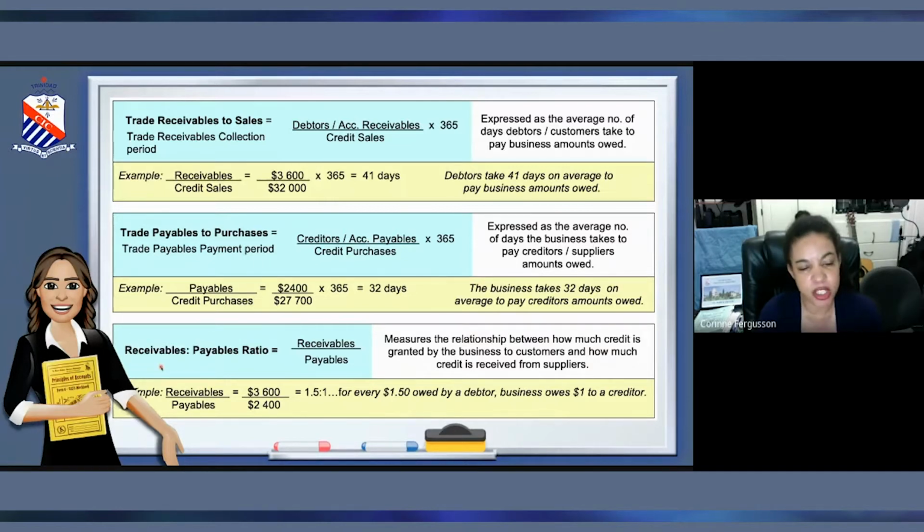And then the last one is a ratio that is not in the syllabus, but we will still bring it for your knowledge, to make you aware of it. It is where you're comparing your receivables to your payables: how much do we have to pay as opposed to how much we have to collect. So you do that little comparison there in terms of that relationship.